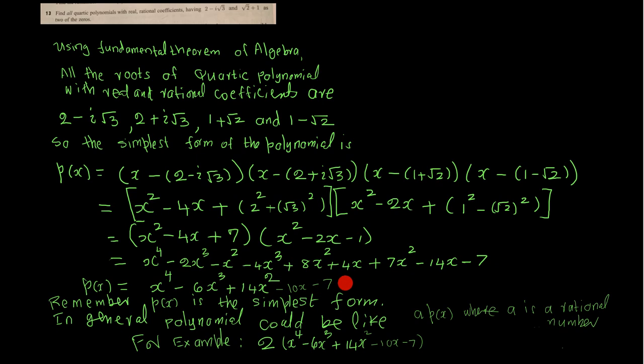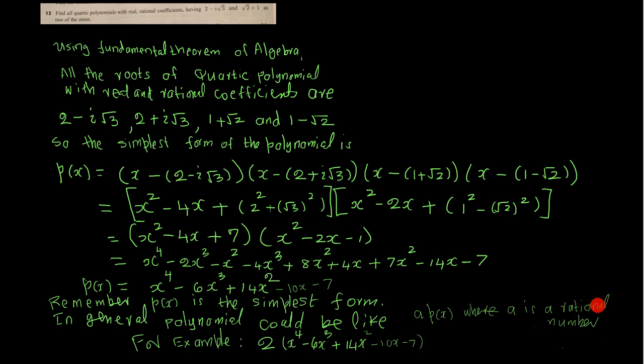Alright, so this is the simplest form, but it could be anything like a times this, where a is a real number or rational number, whatever. I have to look at the problem to see what they're saying. Real rational, it could be a rational real number, it doesn't have to be.